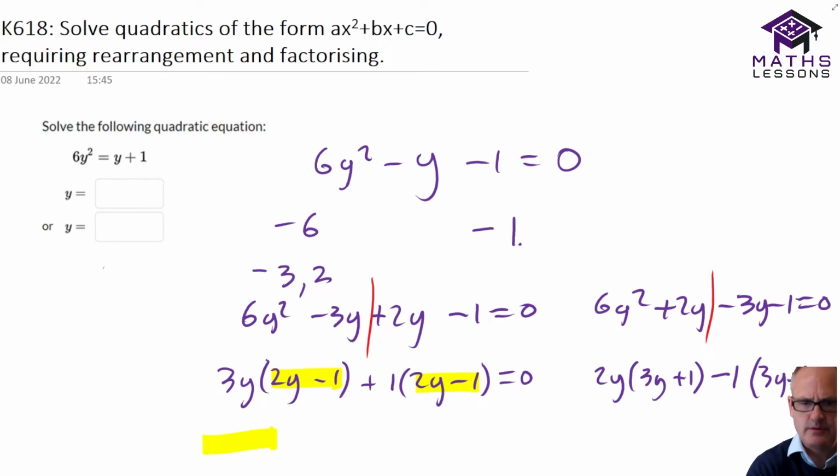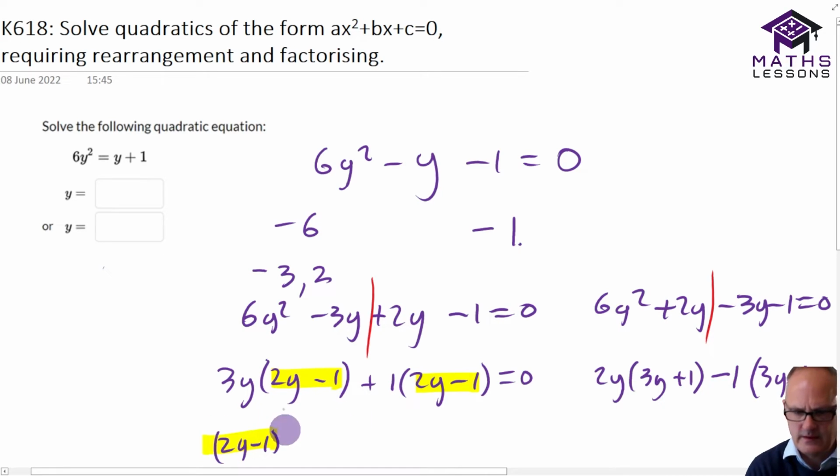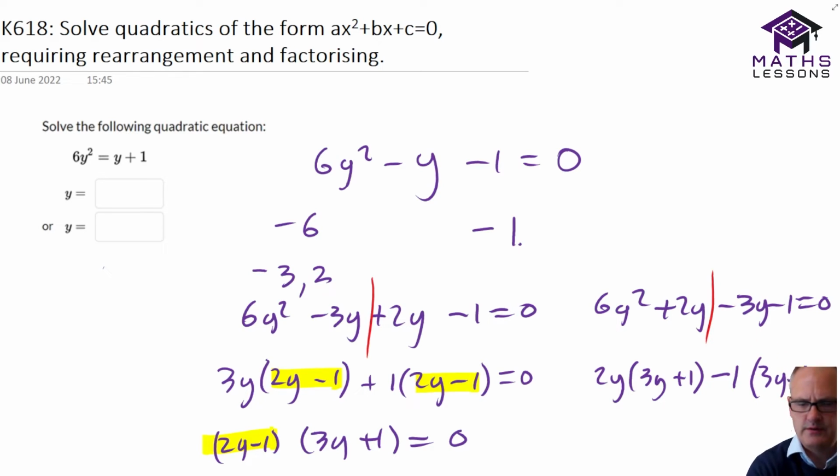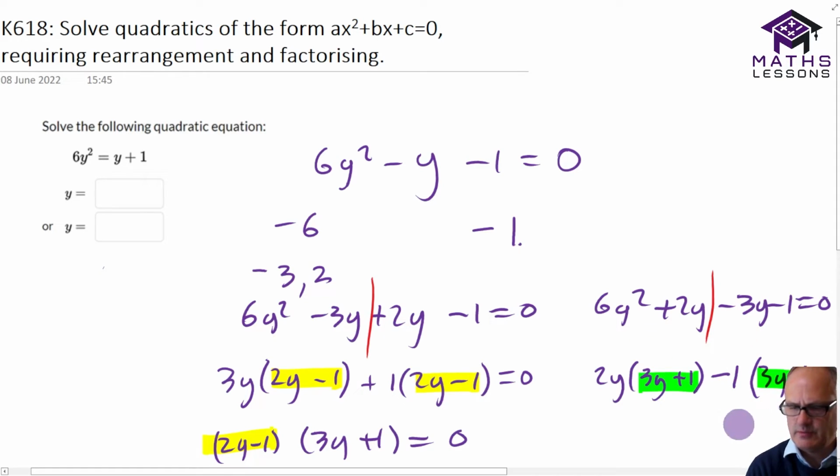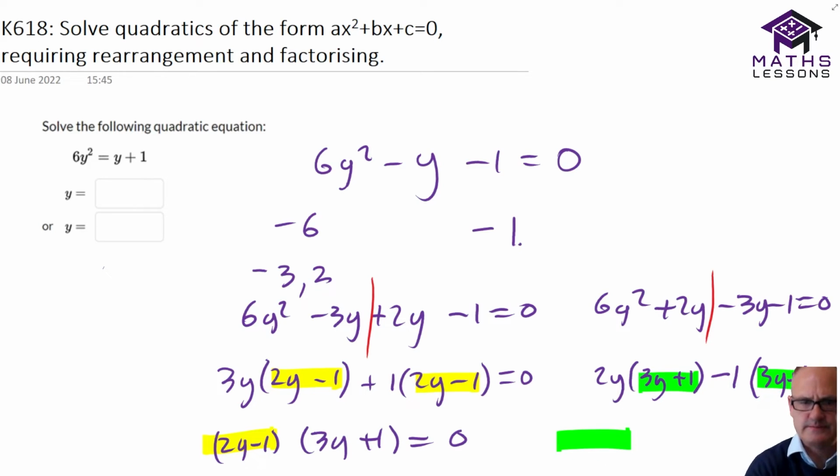So I'm going to take out my 2y minus 1. And that leaves me here 3y and plus 1. So 2y minus 1 times 3y will give me this. 2y minus 1 times plus 1 will give me this. Same over here. I'm going to now notice I've got this as a common factor, so I'm going to take that out.